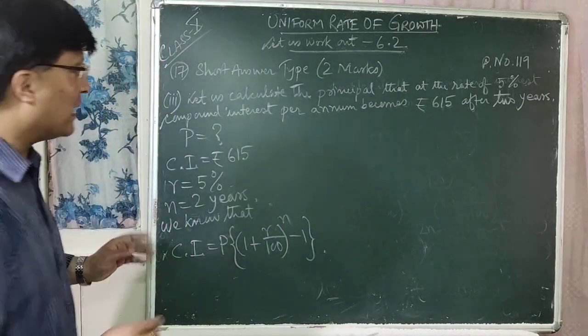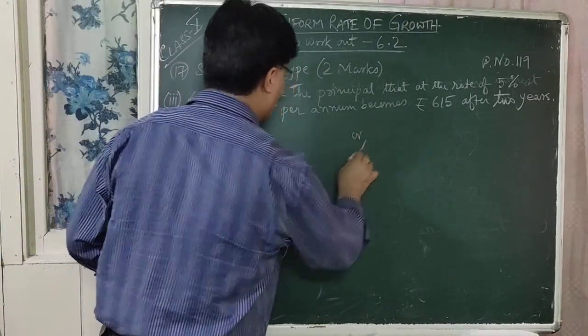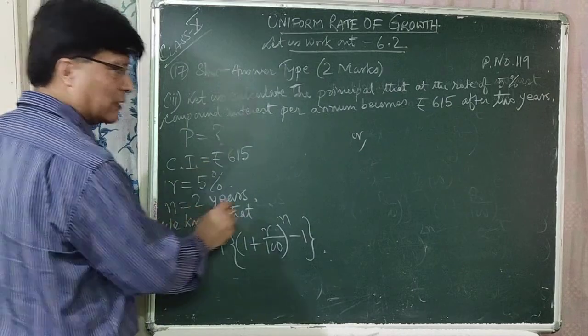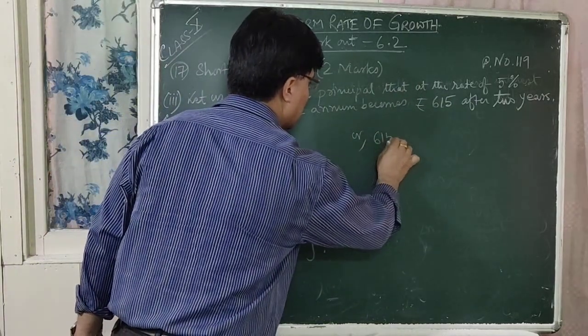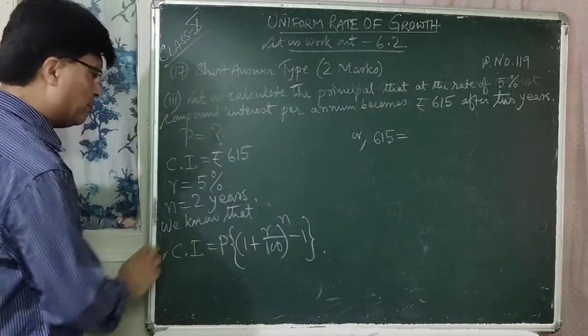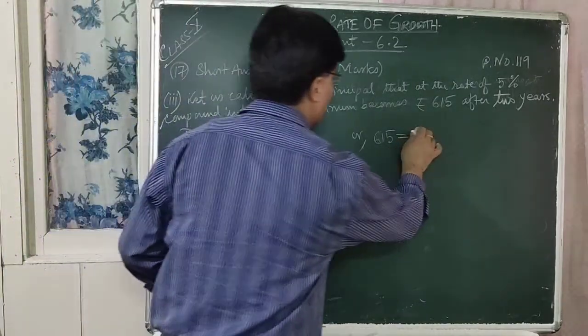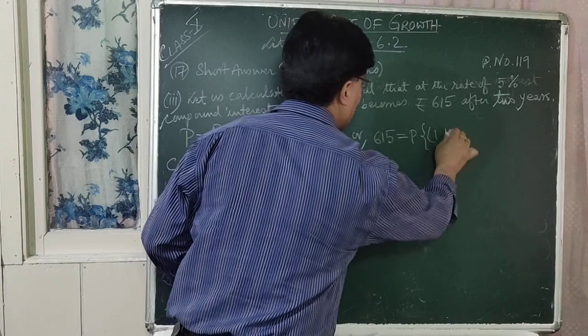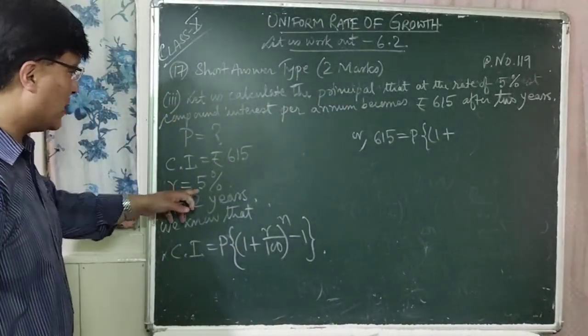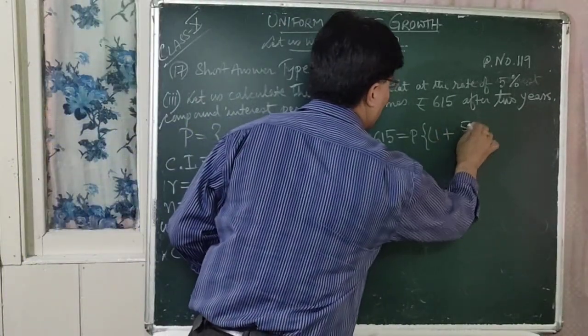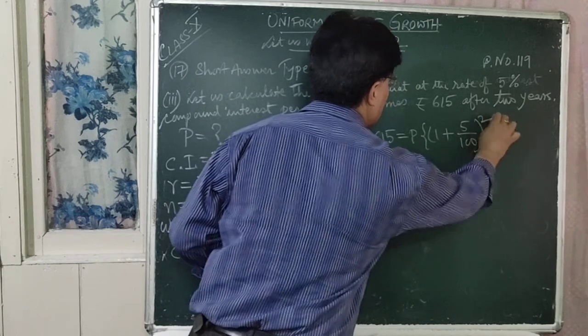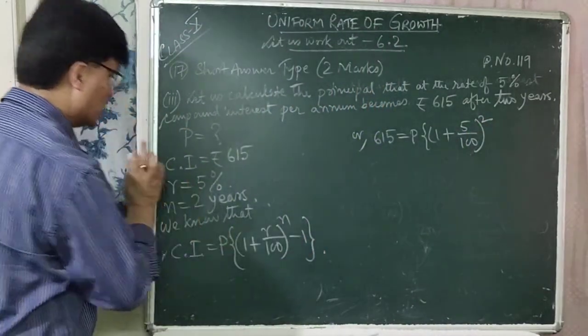So let us put the values now. The compound interest here is 615, so 615 is equal to P, the principal, which we don't know, you have to calculate. So P within second bracket 1 plus 5 divided by 100, whole square, since n is equal to 2, right?